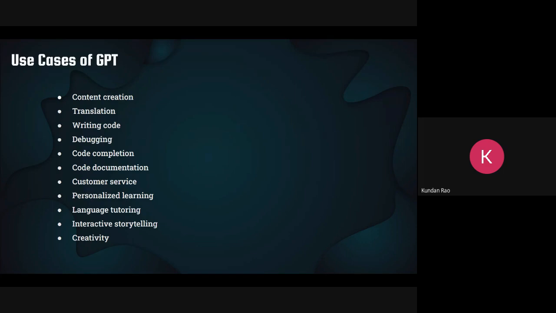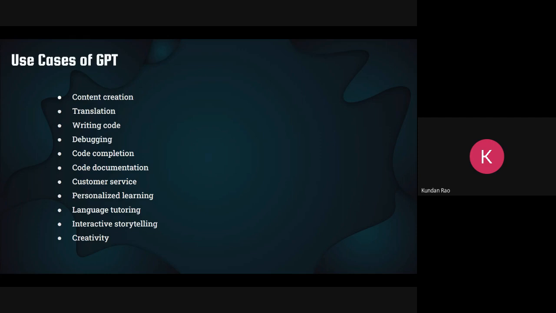And you can also use it to debug your code, although most of the answers the models give are right, sometimes we have faced the problem of it not debugging it right. Then it can be used for code completion too. It can be used for code documentation. Suppose someone wants to write cleaner code from what they have written, GPT can be used for that.